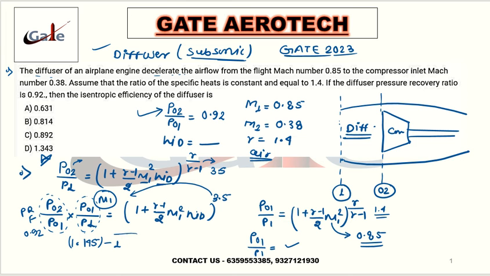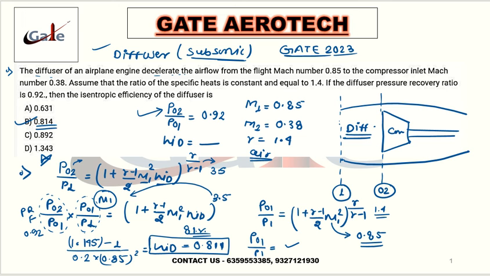I have already solved this, so no need to do this, and this becomes 0.2 and 0.85, squared. I have already solved for the isentropic efficiency of the diffuser, which is 0.811 is your answer. That means 81%. So your B option is correct in this way.